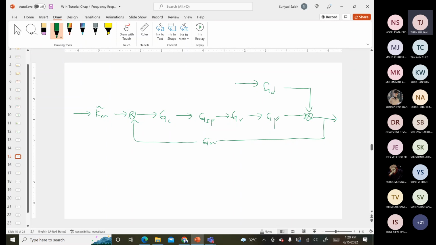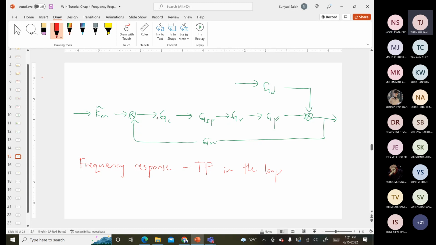But for frequency response, you need to understand, we just use the transfer function which is available in the loop. TF stands for transfer function in the loop. So for this part, the loop is here.